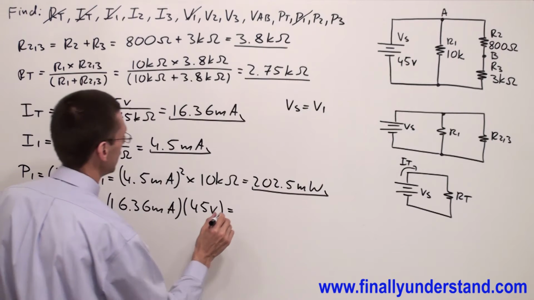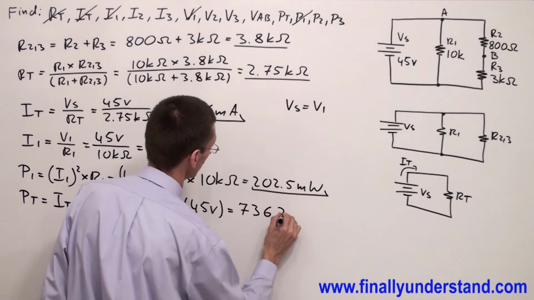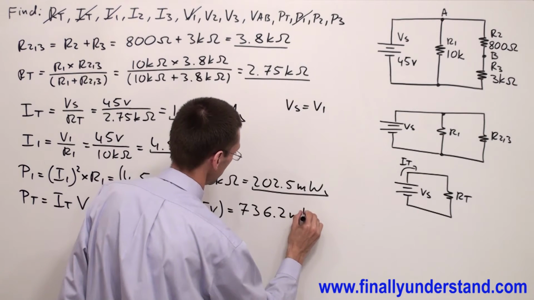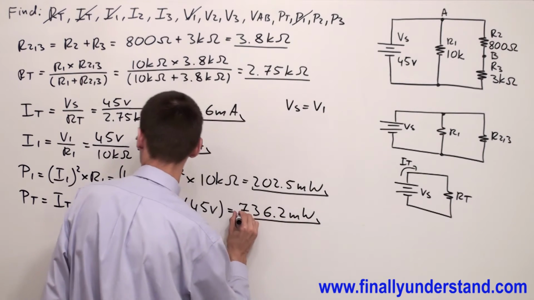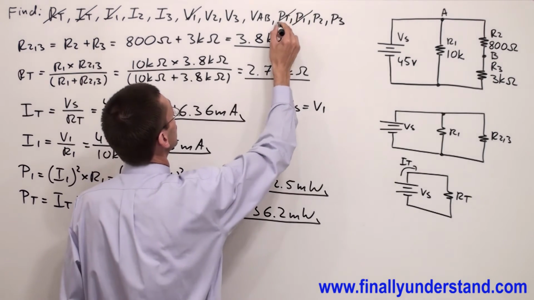Everything is equal to 736.2 milliwatts. Okay, so this is the total power in my circuit. Okay, so I'm going to cross this one out.